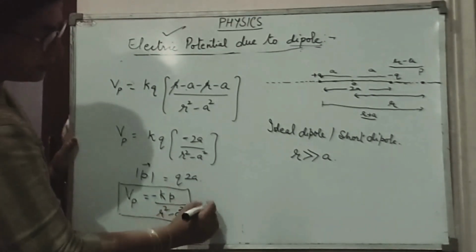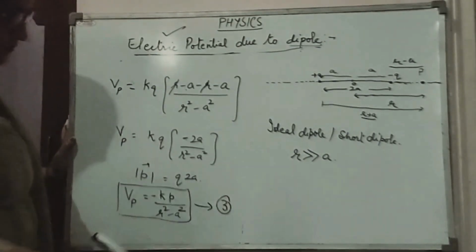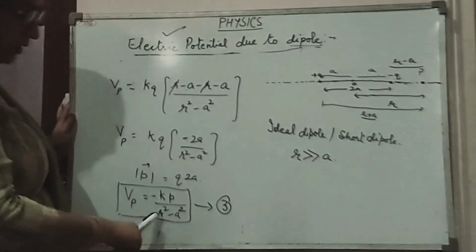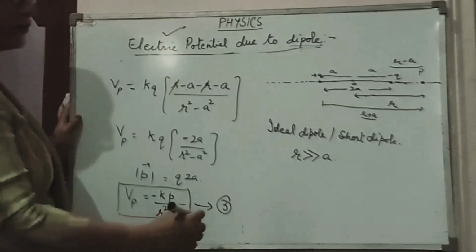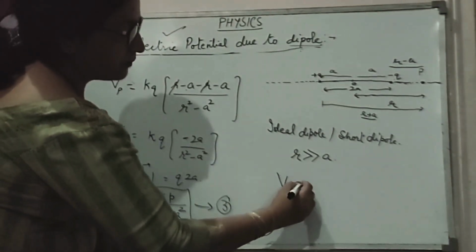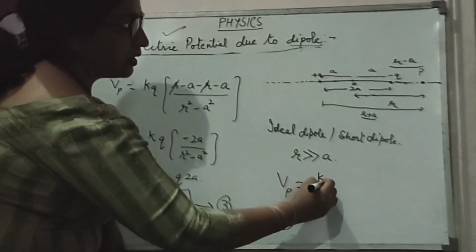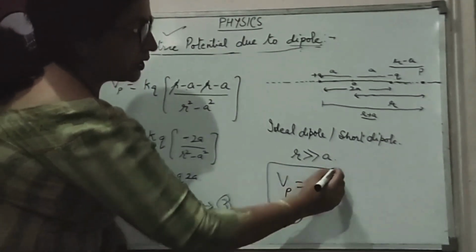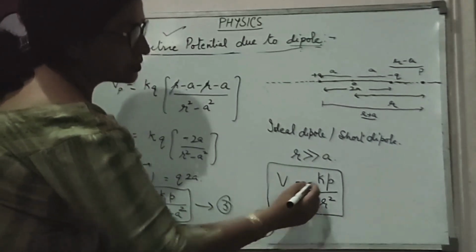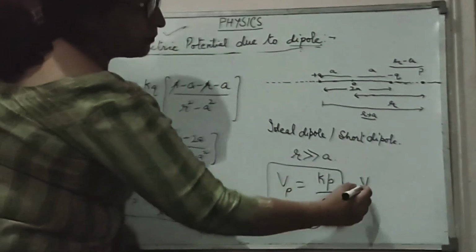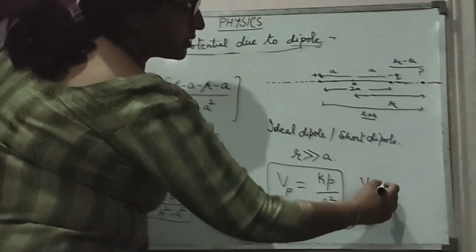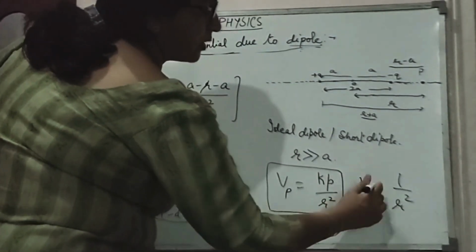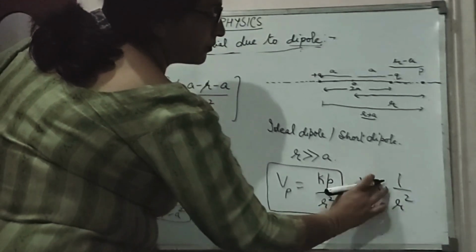So in equation 3, we can ignore A in comparison to R. So this Vp is Kp by R square. So the potential due to a dipole at a point on the axial line is inversely proportional to R square.